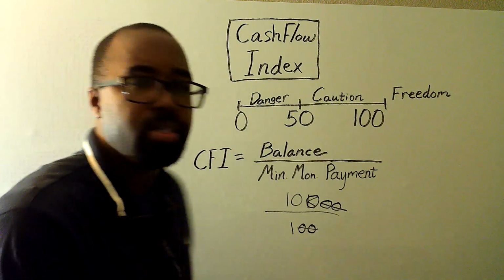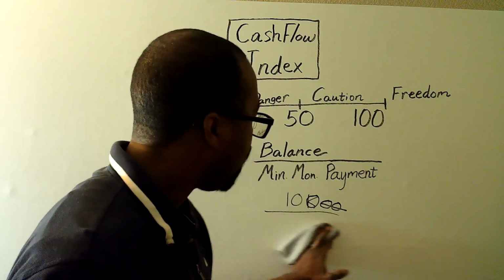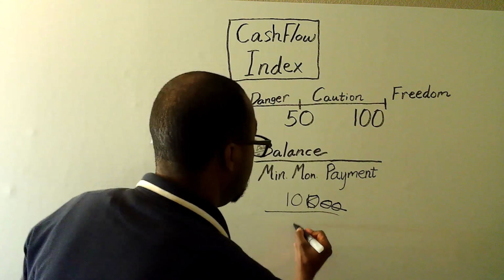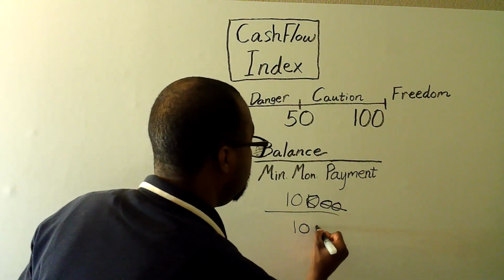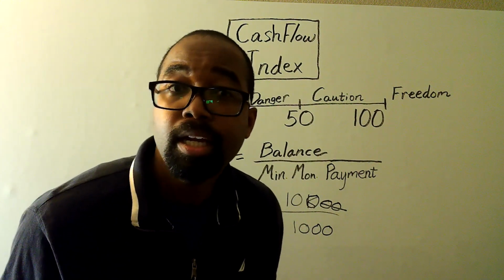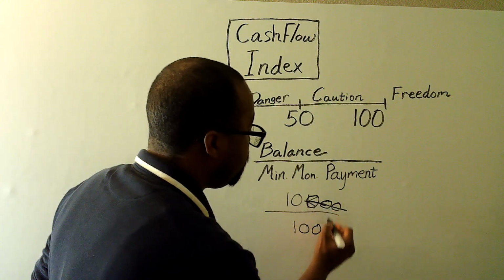But can I ask a question? What if it wasn't like that? What if instead of paying $100 a month, we were paying $1,000 a month? Now what are we going to do? Let's take out that other zero.